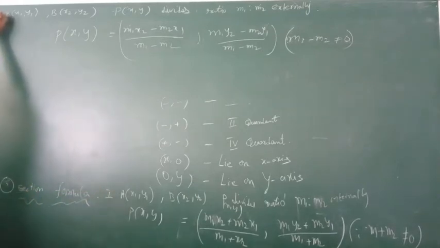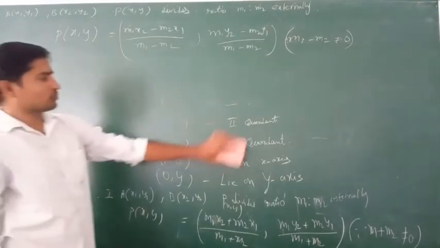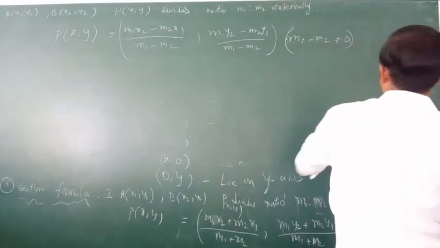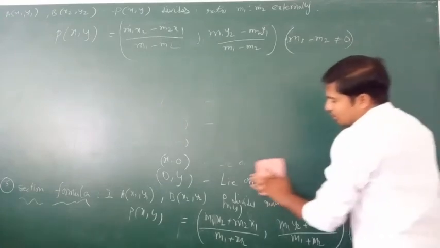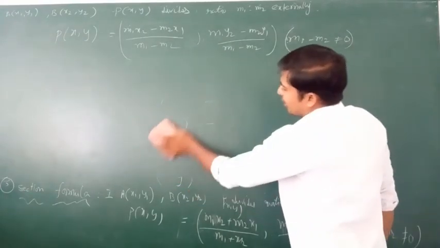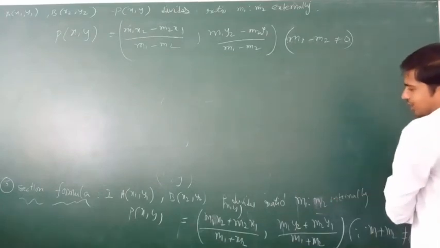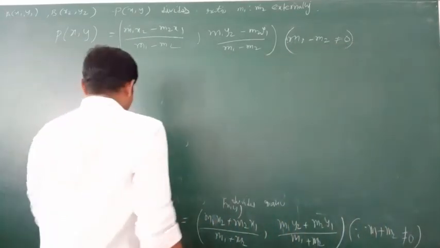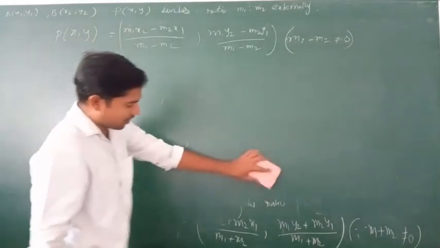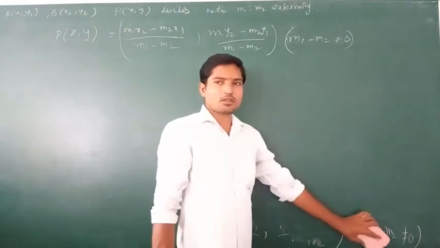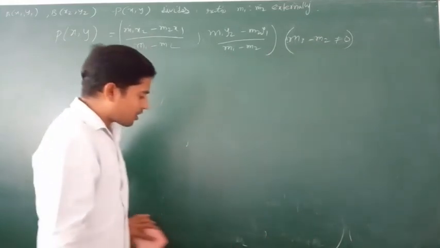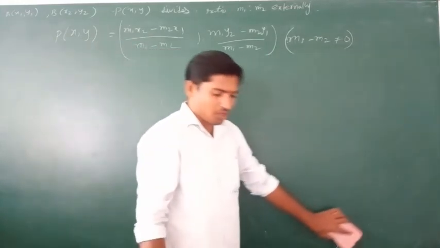Now sixth one: the points which divide a line segment in 1:2 and 2:1 ratio are called trisection points.